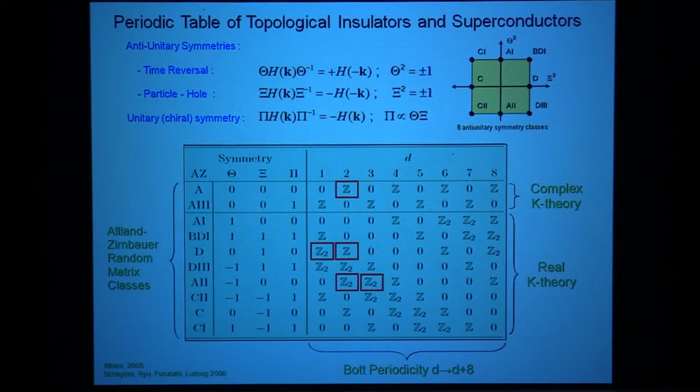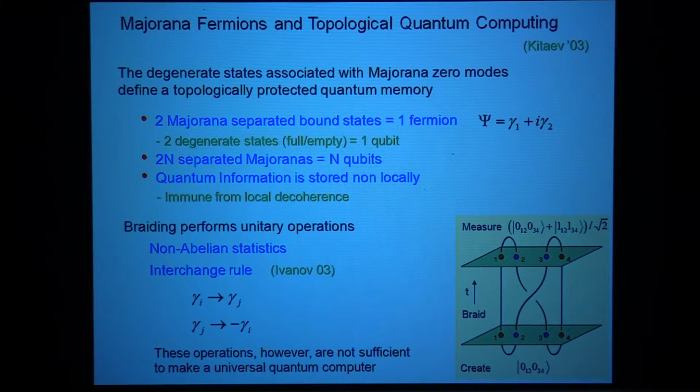for topological superconductors, I want to say a little bit more about these Majorana zero modes, these discrete Majorana zero modes. There's something, of course, we very much would like to make come to life in the real world. The reason for that is this brilliant insight that Alexei Kitaev had, which is that the degenerate states that you have due to a pair of these discrete Majorana zero modes can give you a method for storing and manipulating quantum information.